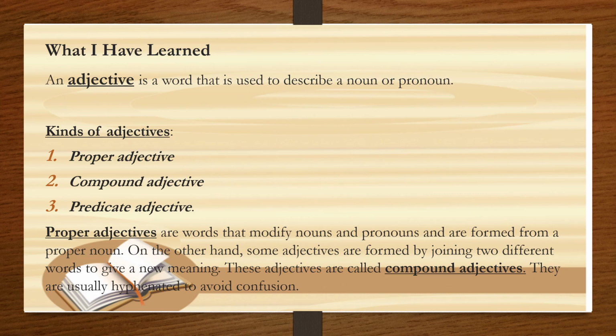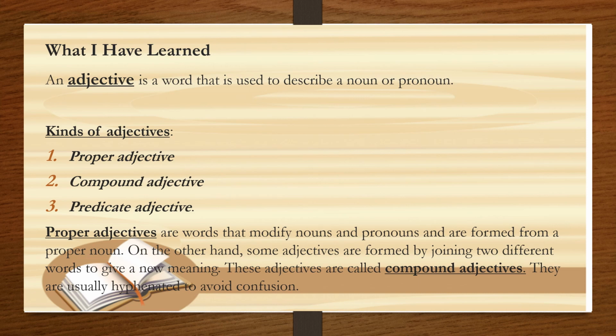And now, what have you learned? An adjective is a word that is used to describe a noun or pronoun. There are different kinds of adjectives, namely proper adjective, compound adjective, and predicate adjective. More specifically, proper adjectives are words that modify nouns and pronouns and are formed from a proper noun.